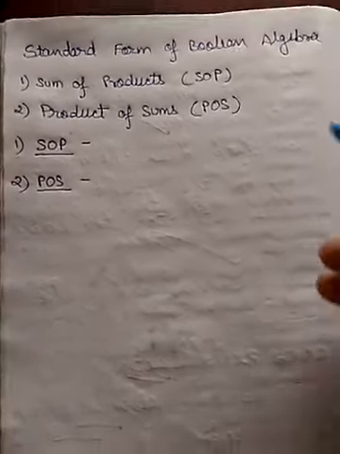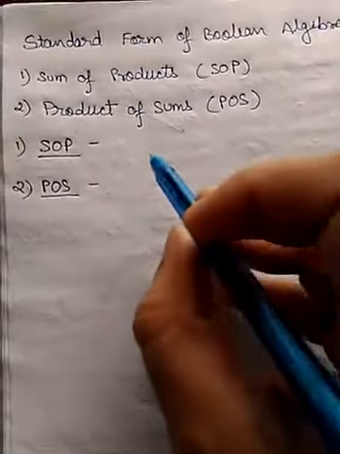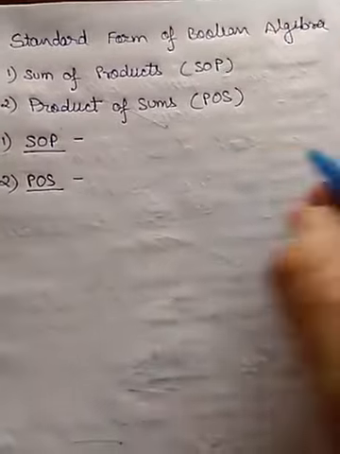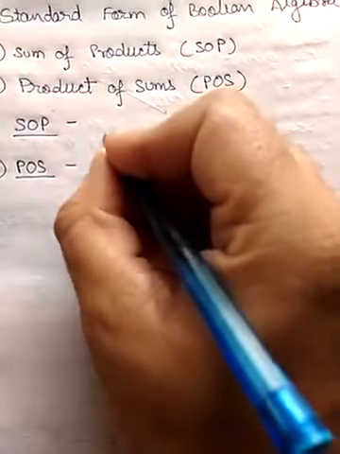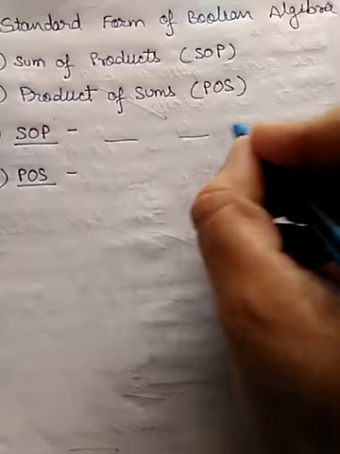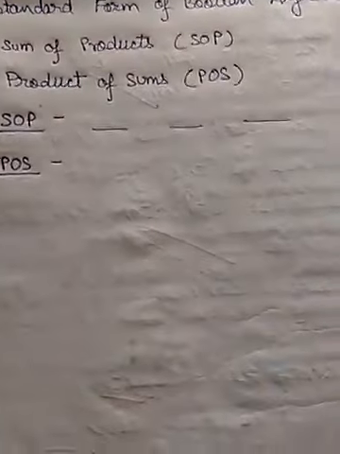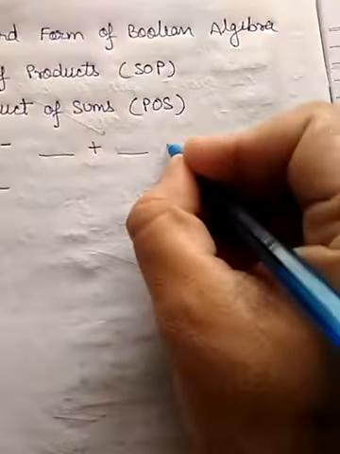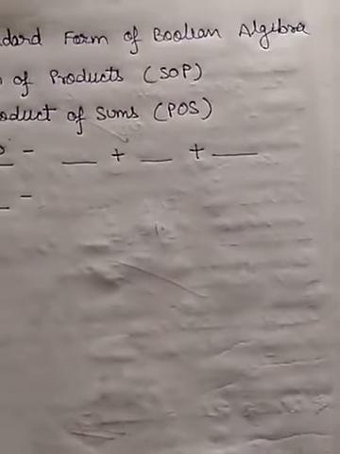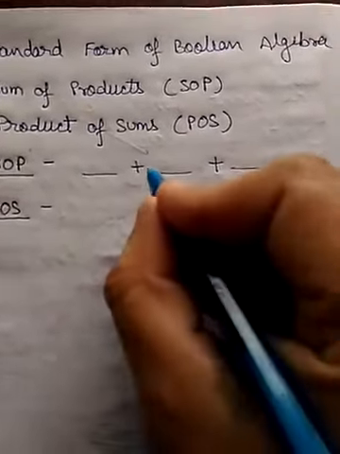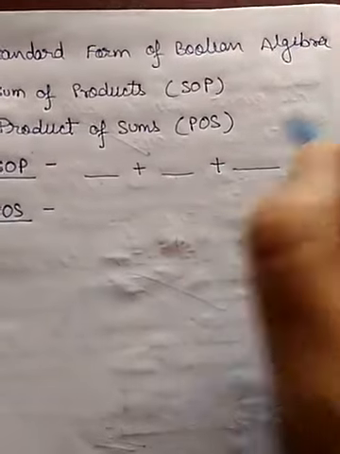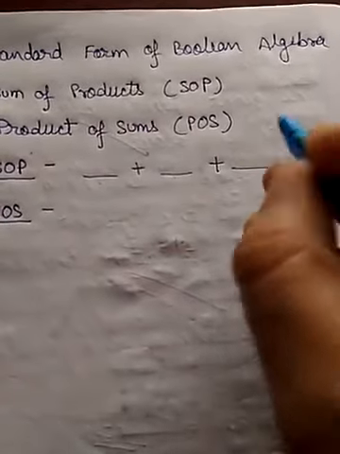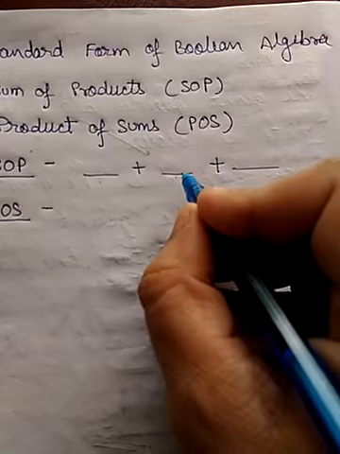Now let us see what is SOP. SOP means sum of product. Suppose there are three terms, and all the three terms are added. So it is the sum of the terms, and each term is in the form of a product.